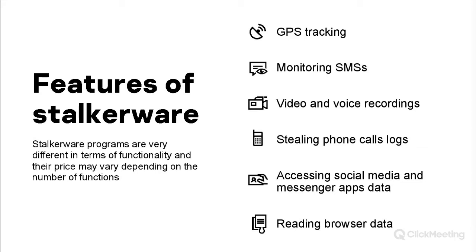The same goes for any videos or voice recordings, for any calls that we receive or dial, and any social media you use, and as well any pages you browse in your internet browser. So basically, you have to imagine it. The stalkerware enables an abuser to see everything the victim does, everything the victim has, even on the phone.